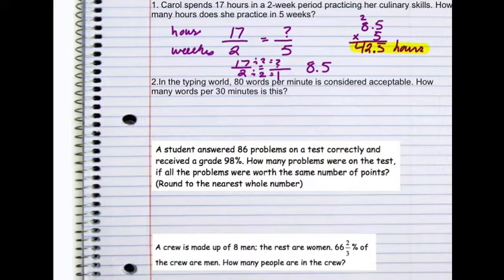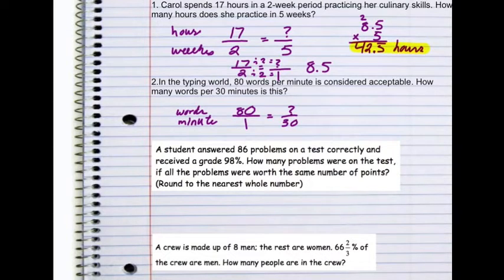Number 2 says, in the typing world, 80 words per minute is considered an acceptable speed for typing. So how many words per 30 minutes is this? So in the world, I'm looking at 80 words per minute. And I want to know how many words would I be able to type in 30 minutes.